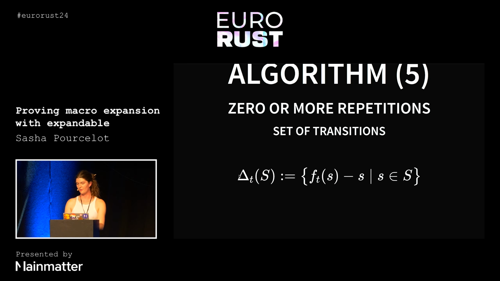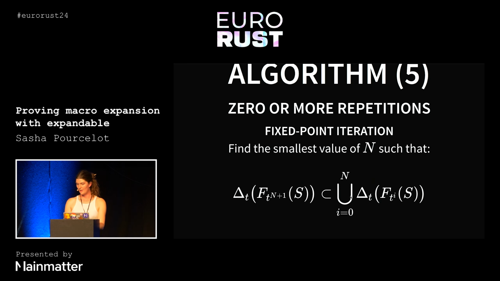Using the definition of transition, we can define the delta_t function. So here it takes a set of states as input and returns a set of states. And what it does is it computes the transition that occurs when parsing the token t from the state s. This allows us to compute the value of capital S, which is this horrible equation.